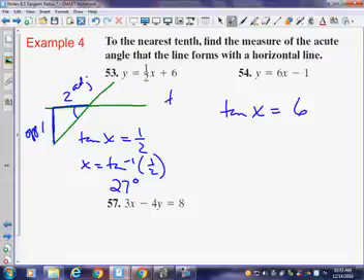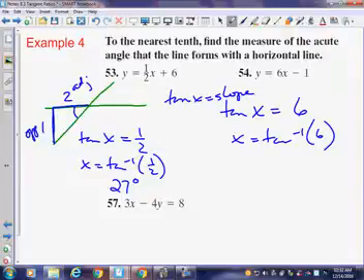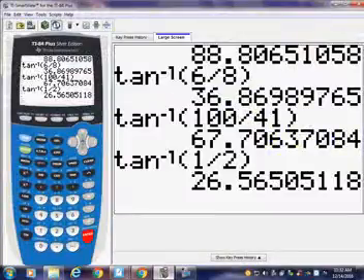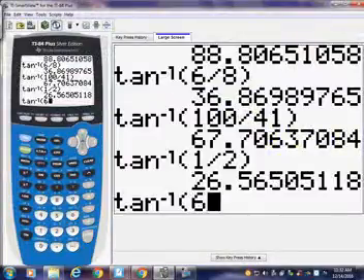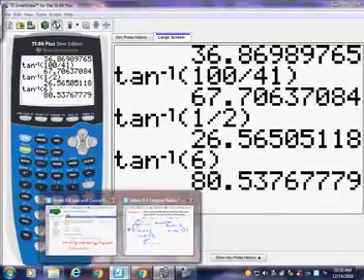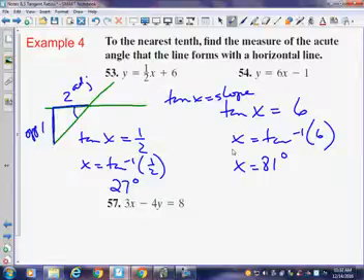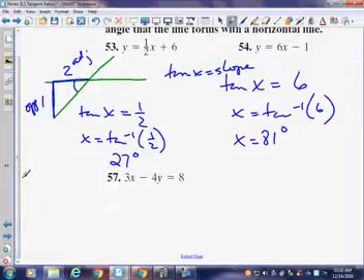Tangent of x is always equal to the slope. So therefore, x equals tangent inverse of 6. So second tangent of 6 comes out to be 81. Rounds up to 81. X equals 81 degrees.